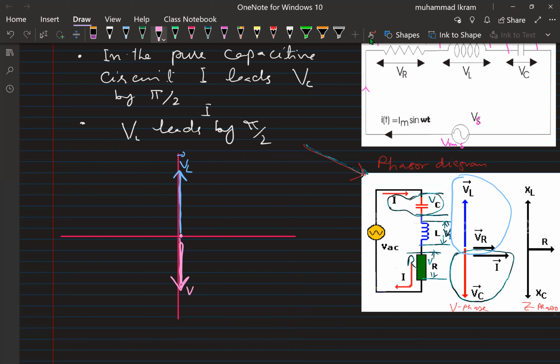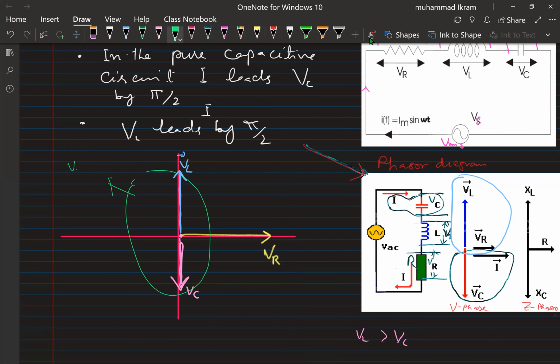Now if the VL is greater than the VC, just apply vector algebra to the diagram here. This is the VR. Then the resultant sum of these two vectors will be what?